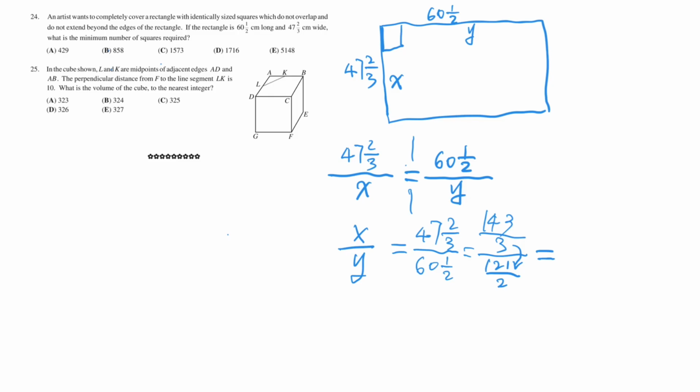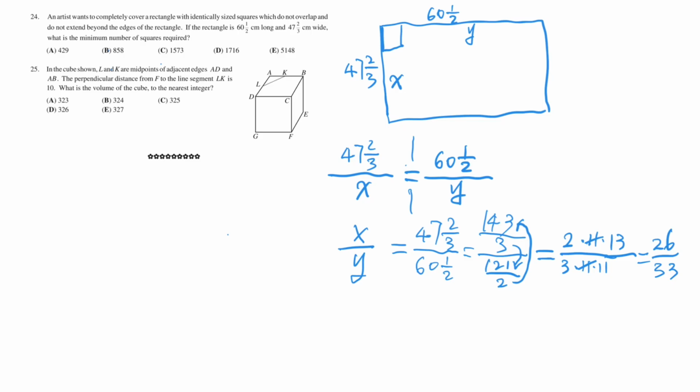Inside times inside goes to the denominator, 3 times 121, which we can write as 11 times 11. The outside times outside goes to the numerator, so 2 times 143 is 11 times 13. Now cancel 11. That becomes 26 over 33.